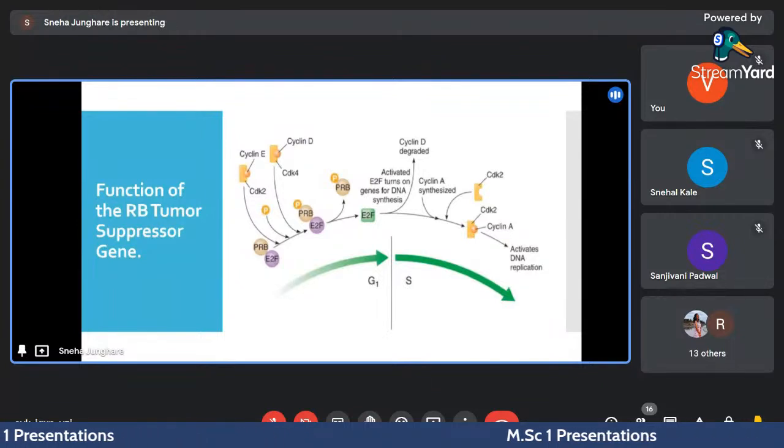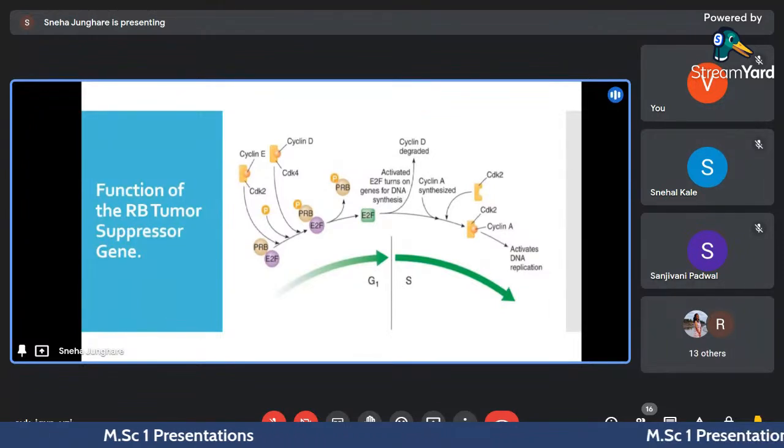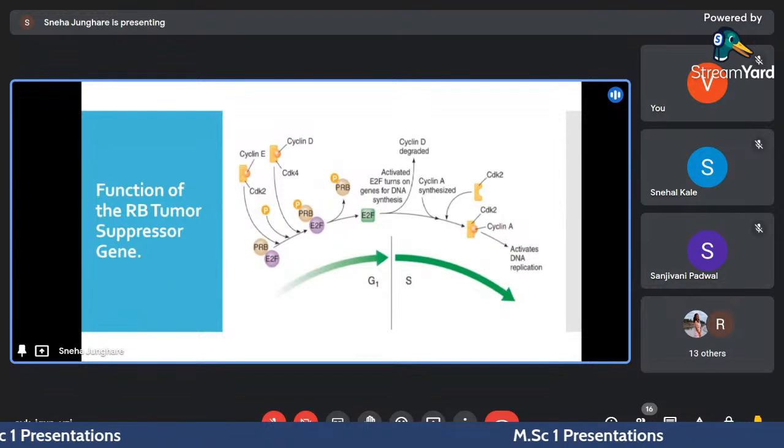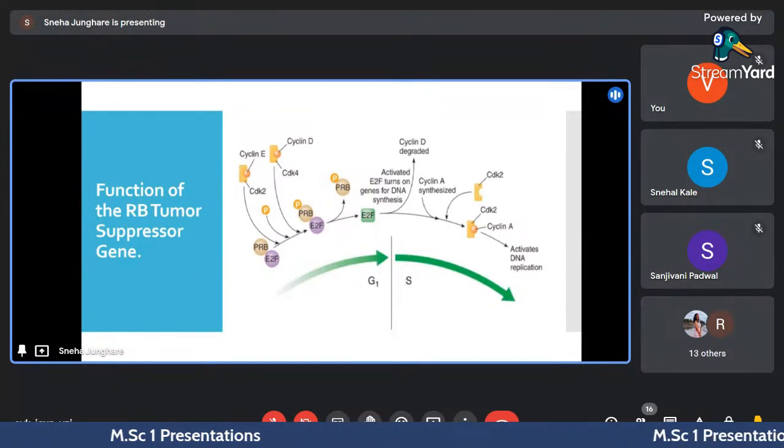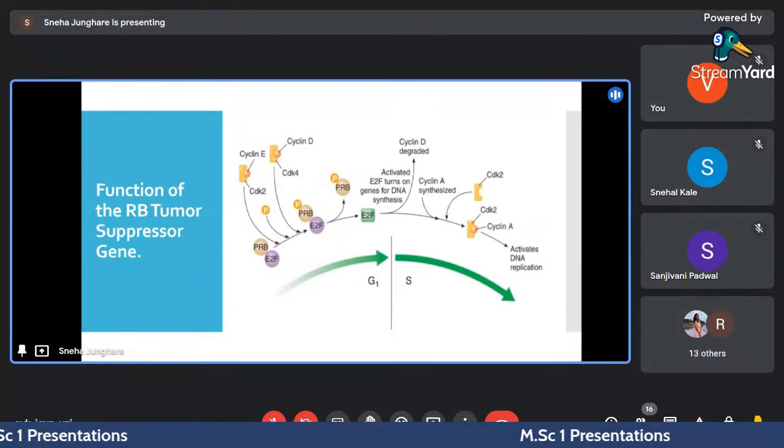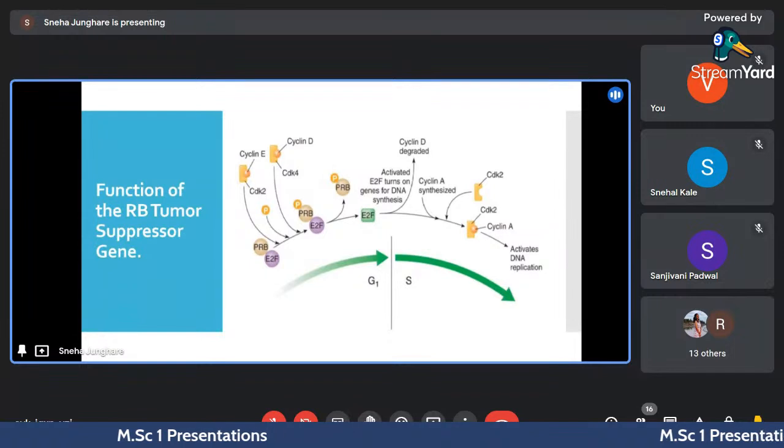pRB is found in a complex with the transcription factor E2F, and when pRB is unphosphorylated, the activity of E2F is inhibited. When pRB becomes phosphorylated, the inhibition of E2F activity is removed, and the now active transcription factor turns on the transcription of genes for DNA synthesis.